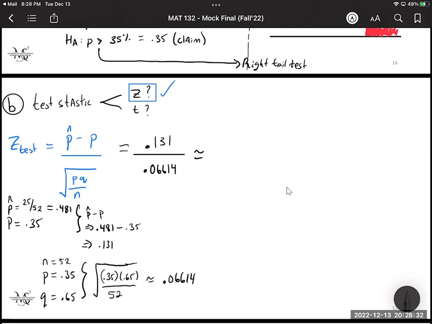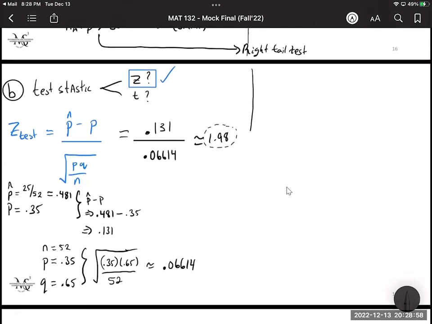So what do we get if I round this? If you do the 0.131 divided by 0.06614, you get approximately 1.98. Okay, good. So the z-test value for part B is 1.98.